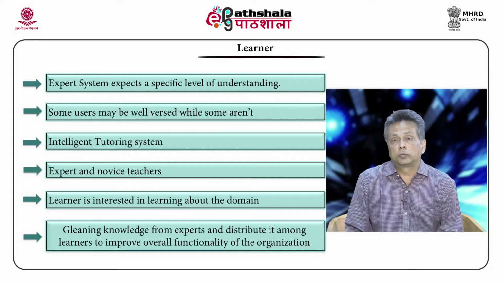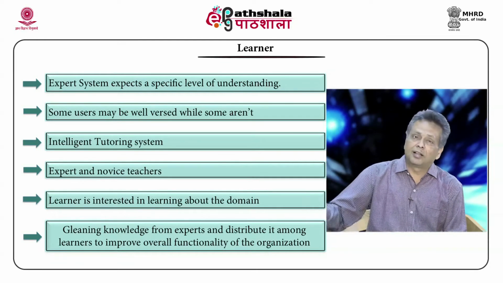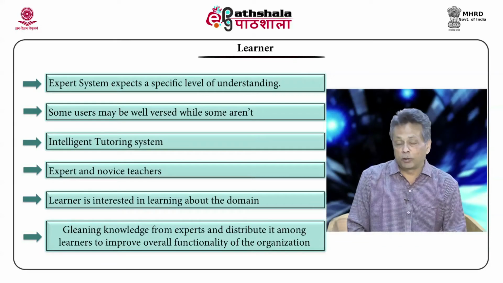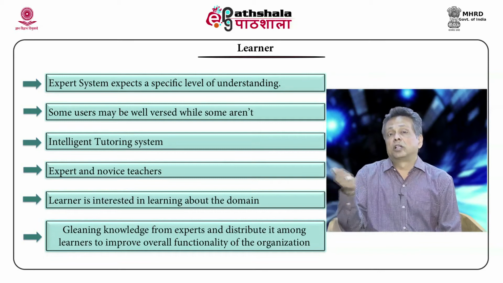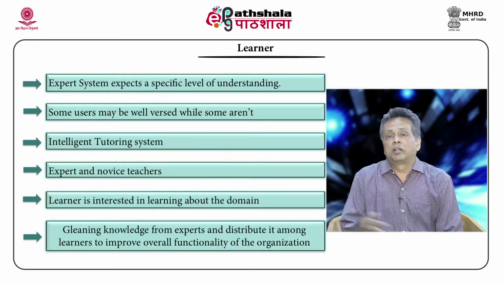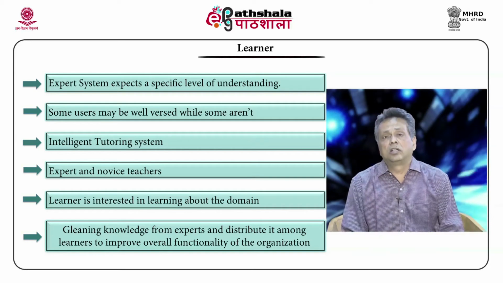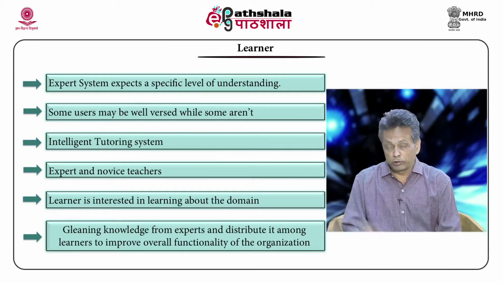Whenever you are developing an expert system and you want to glean information from an expert, at one place or another you will face this problem. And when you say there are people who are learners, he might feel that learners will learn in a few years everything that he has learned over the years, and that is something that they dislike, and there is a psychological problem associated with this.